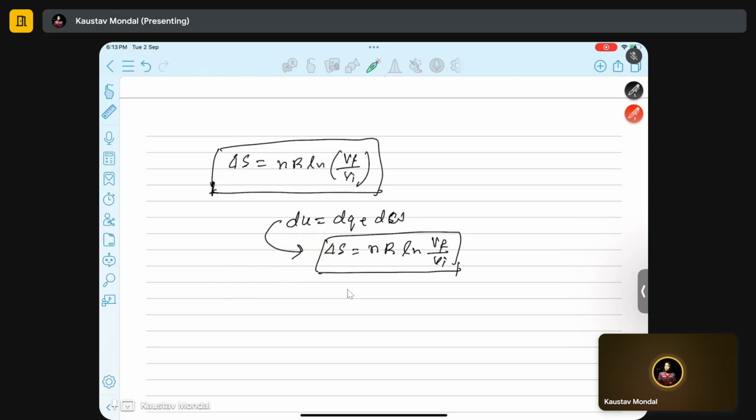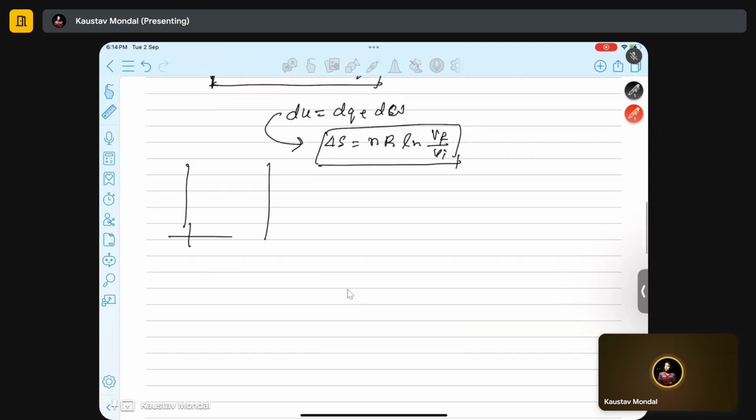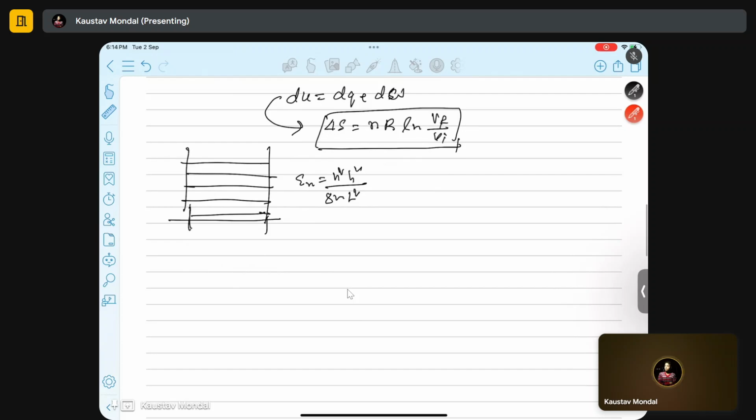If you increase the volume, let's suppose this is a 1D well kind of system with this kind of energy levels, where each energy level is n square h square by 8mL square. So the energy difference between two levels, delta E, is proportional to 1 by L square, where L is the length of the box, right?